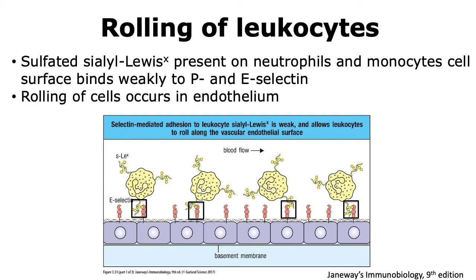This slows them down, and what we see is a process called rolling. So instead of passing through the blood vessel very quickly, the leukocytes, like the neutrophils and the monocytes, are going to show rolling.